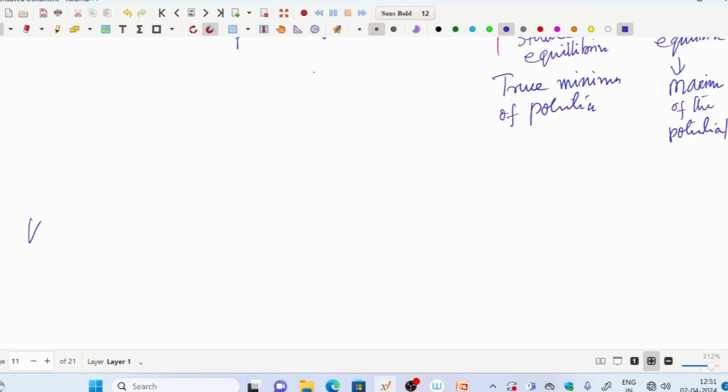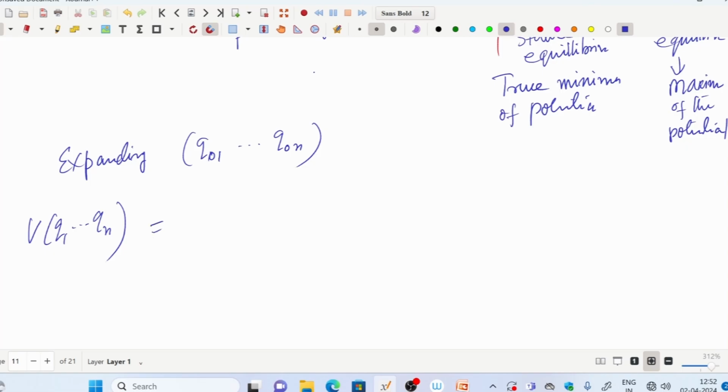We had the potential V of q1 to qn, and we are expanding the general potential around the equilibrium, which we denote by q 0 1 to q 0 n. This is similar to what we considered in one dimensional motion.